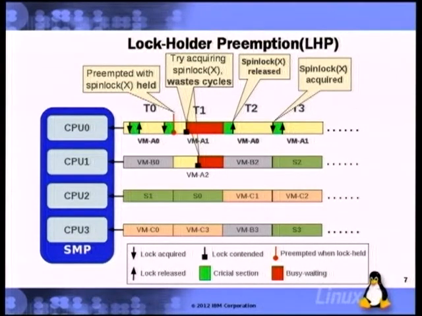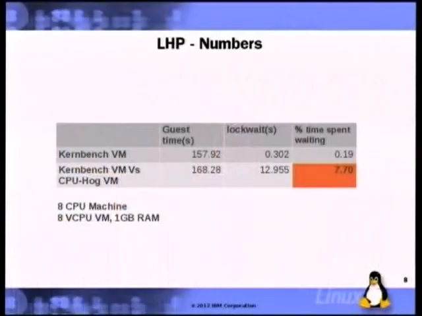So these red colored boxes here are basically showing the busy waiting. How much would this busy waiting hurt? I got some numbers here, wherein on one VM I run a single kernbench instance. The first row represents that, and the time spent waiting for a lock is less than 0.2%.